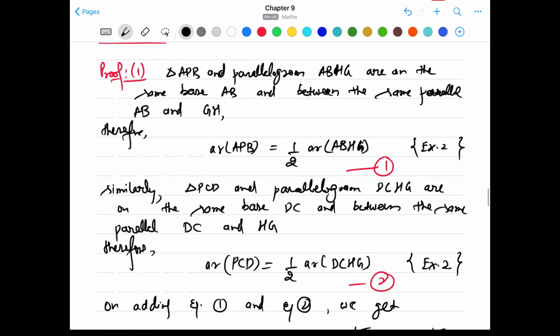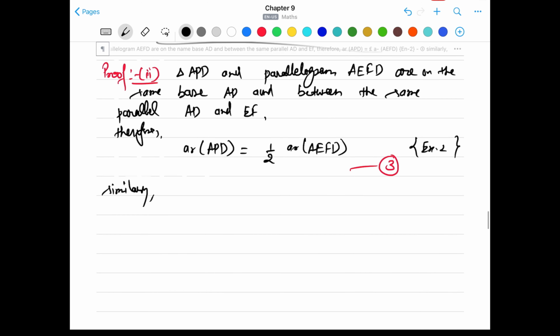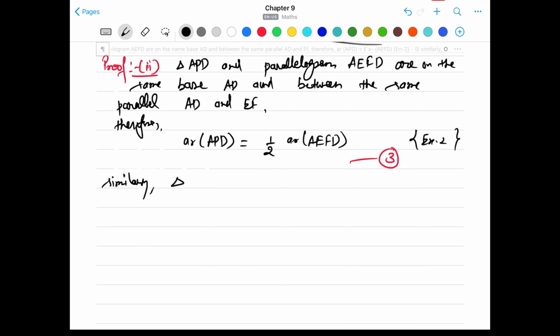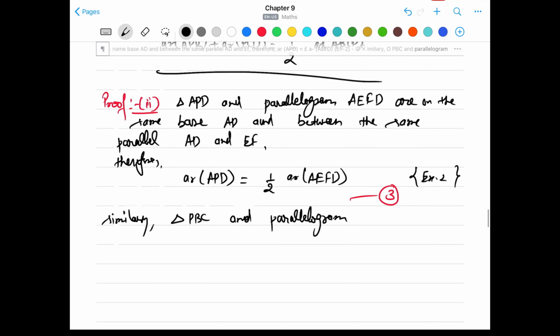The second triangle now here is PBC. Similarly, triangle PBC and parallelogram BEFC are on the same base.